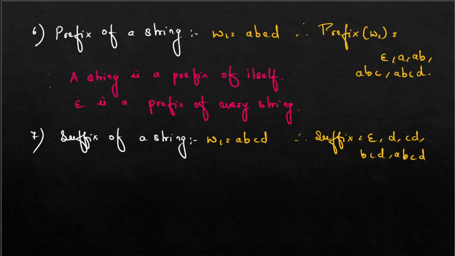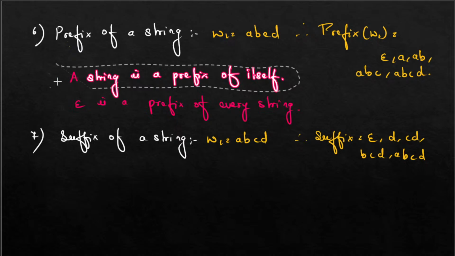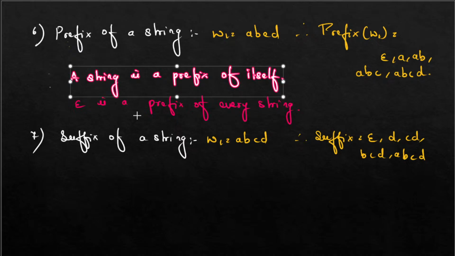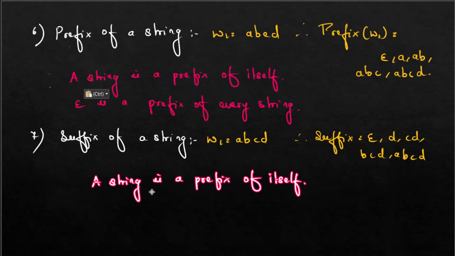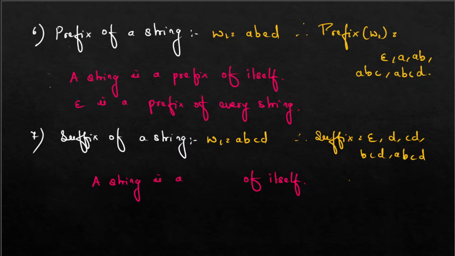It is the sequence of tailing symbols. Again the same points are repeated: a string is a suffix of itself, and epsilon is a suffix of every string. I am going to copy the same point from prefix and just update it here, so in place of prefix it should be suffix.